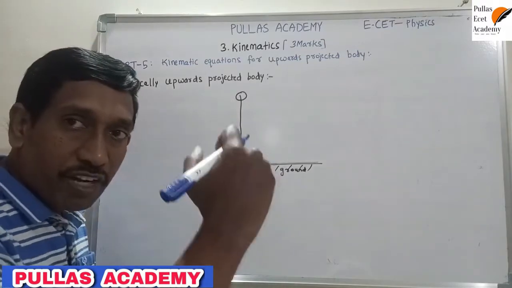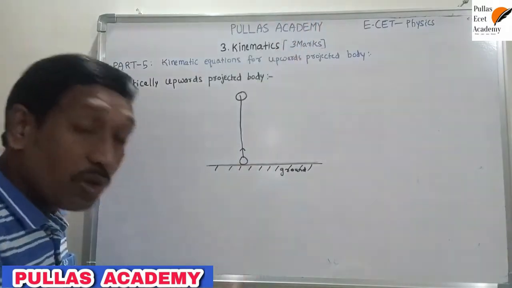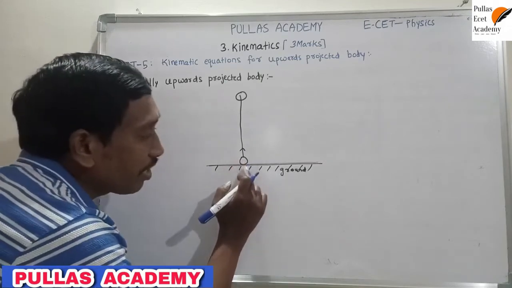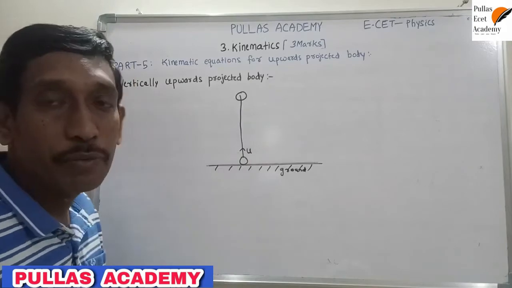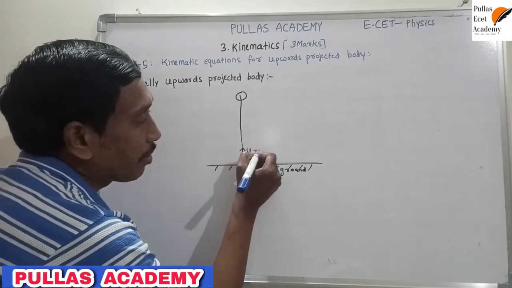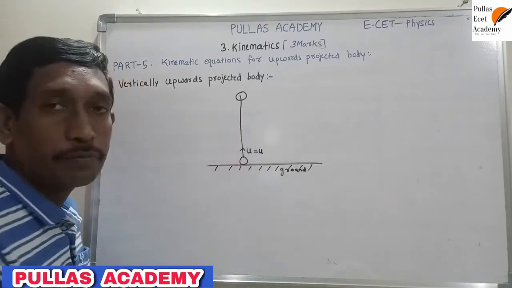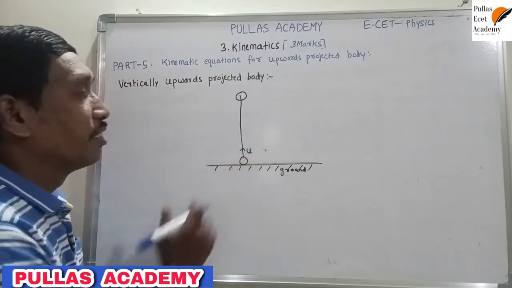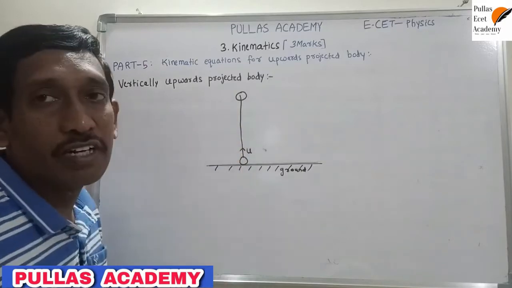For a freely falling body, a certain height is the initial position and the ground is the final position. The initial velocity is generally denoted by u. When you project with velocity u, the body moves along this vertical straight line upwards.